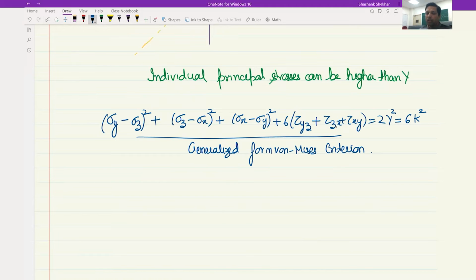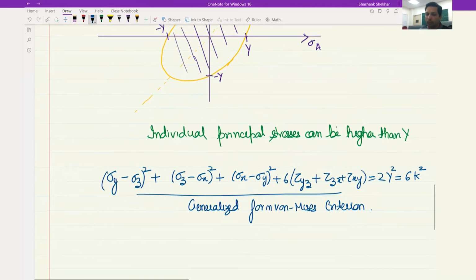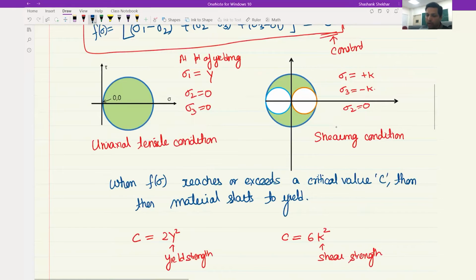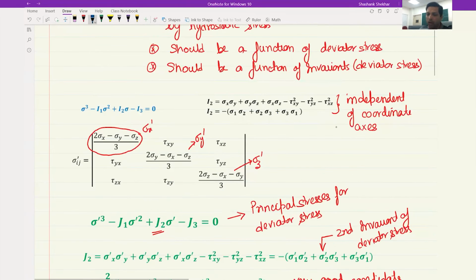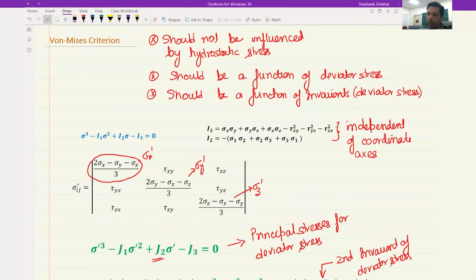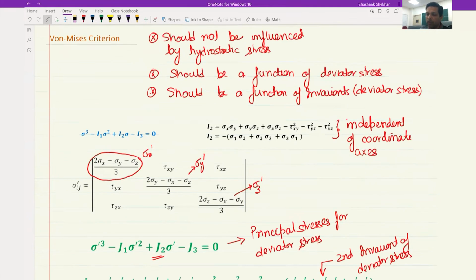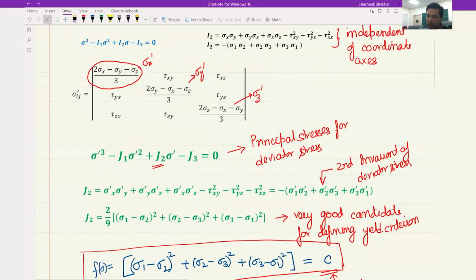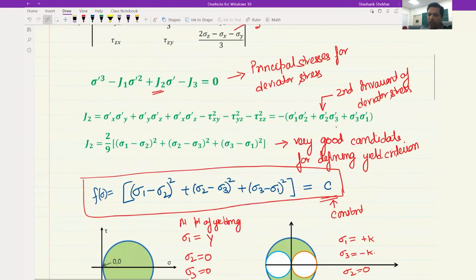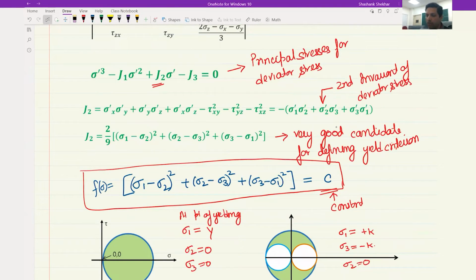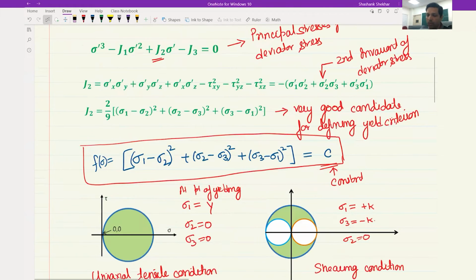In this particular section, we started from our requirements that the criterion should not be influenced by hydrostatic stress, should be a function of deviatoric stress, and should be a function of invariants. From there, we come to J2, and therefore when J2 reaches a certain value, it will start to yield.